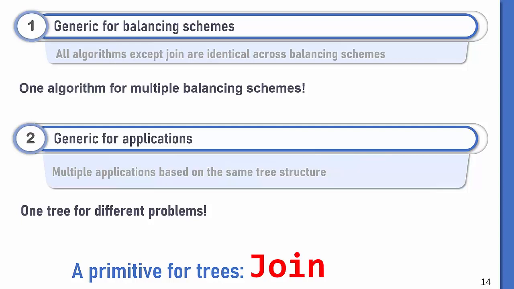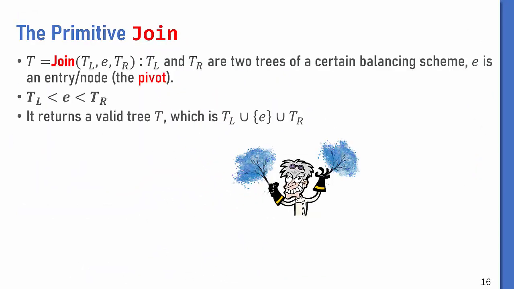So let's first look at what is join. Okay, so the input of the join function are two balanced binary trees from the same balancing scheme, TL and TR, and an entry in the middle. We call it the pivot of the join. Okay.